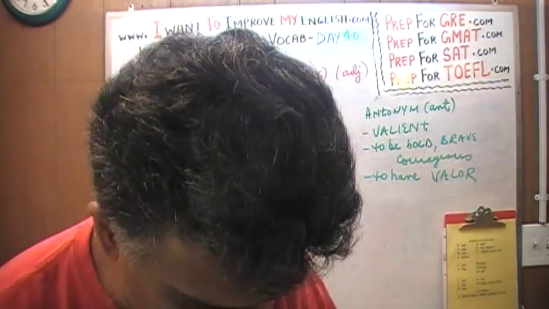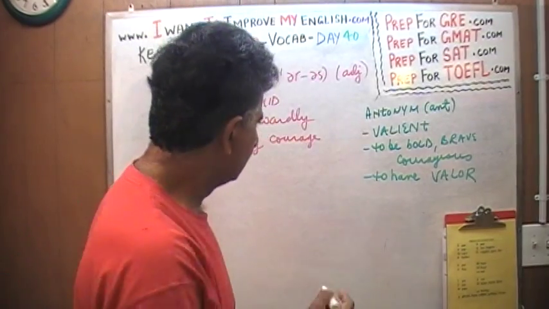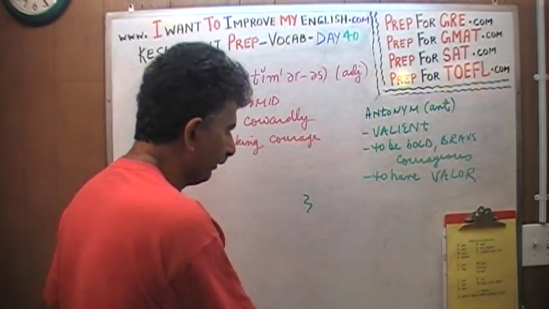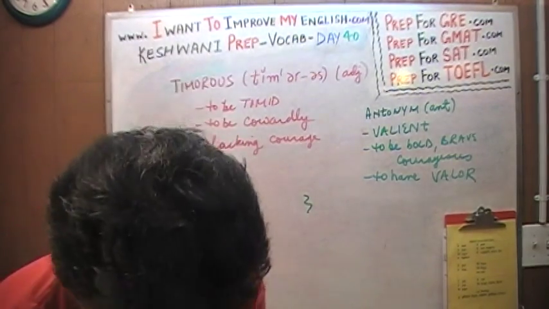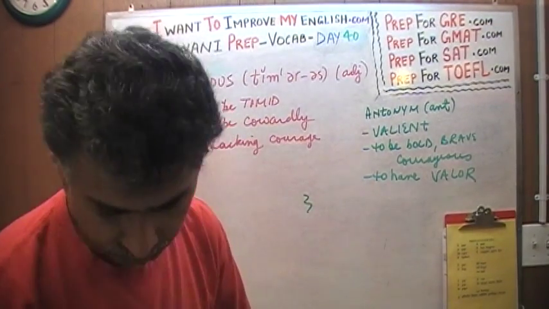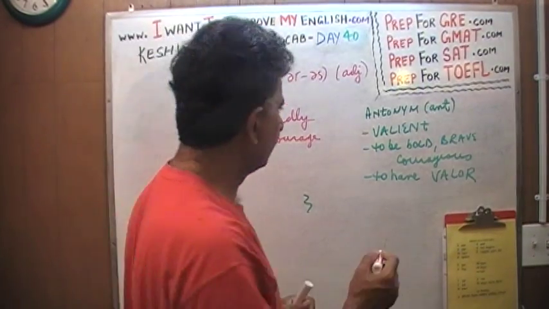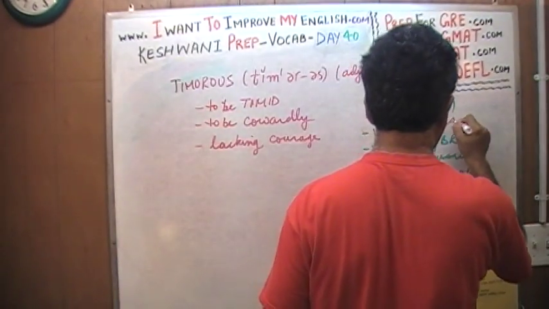And if you're interested in learning these two words, valiant and valor, we have already learned them. And if you're interested in going back over them one more time, or learning these words for the very first time, you can learn them on day number 24.